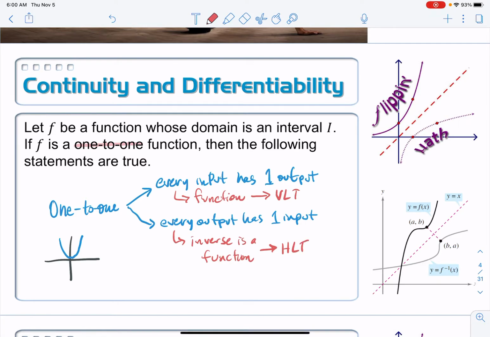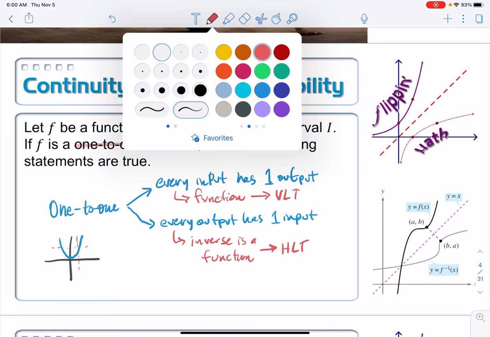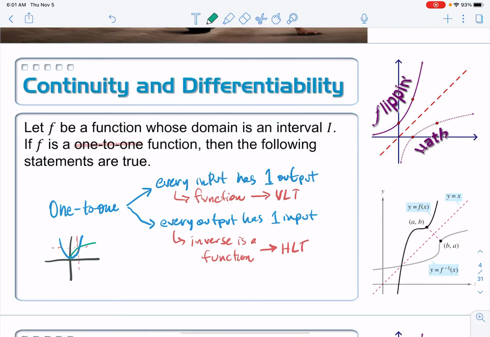A vertical line passes, but a horizontal line does not. Therefore, it's not a one-to-one function. Sure, it has an inverse. Every function has an inverse, but it's not necessarily true that that inverse is itself a function. If I grab this green color, its inverse is like that, and I can see that the inverse is not a function. We want only the kinds that are one-to-one functions.